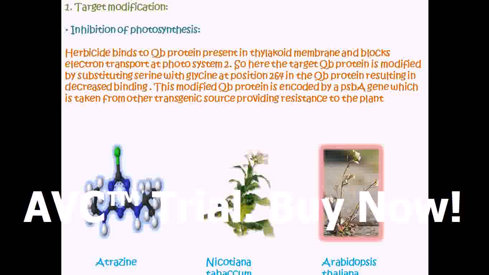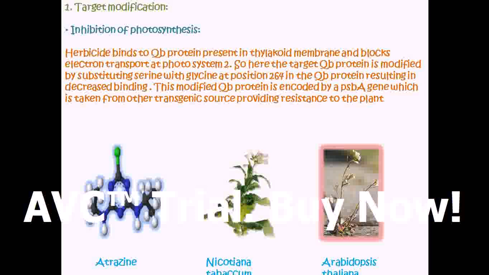The gene is taken from another source to provide resistance for the plant. Here the plant is a Nicotiana tabacum transgenic plant, and Arabidopsis thaliana is the gene source. We take the gene from Arabidopsis thaliana and introduce it into Nicotiana tabacum, as a result of which the modified QB protein is produced in this transgenic Nicotiana tabacum.